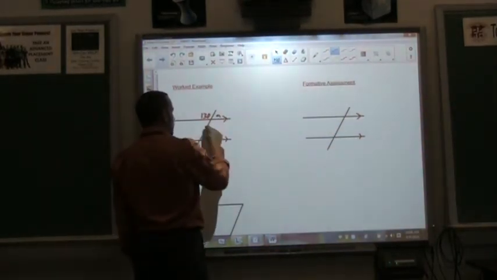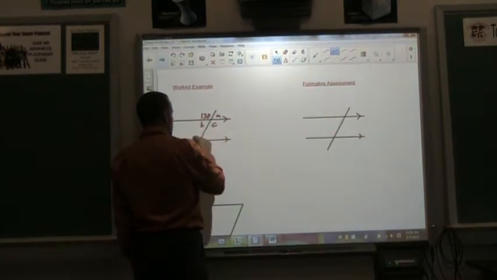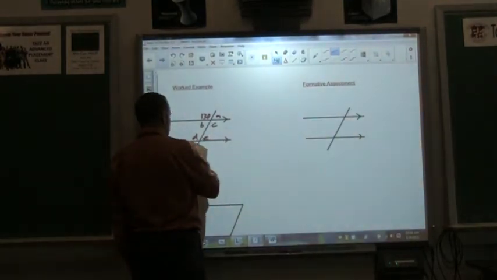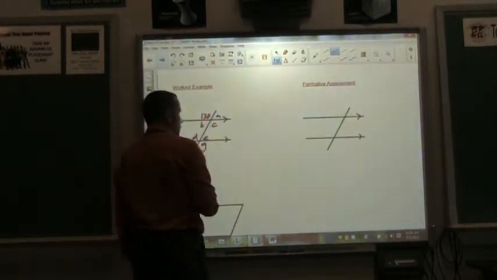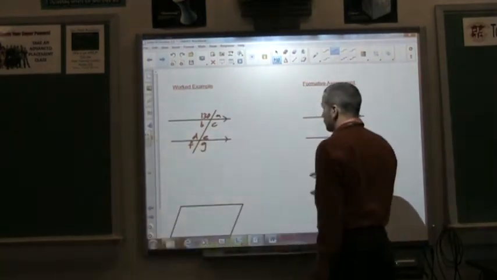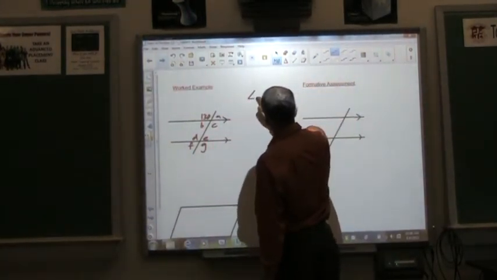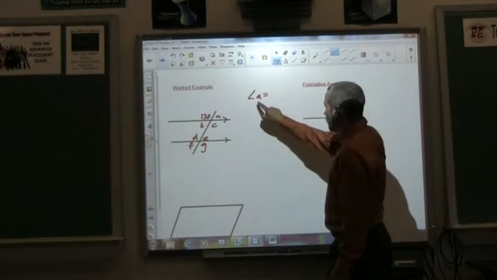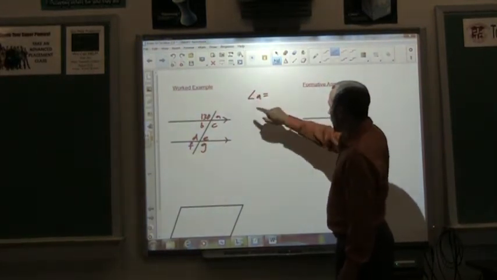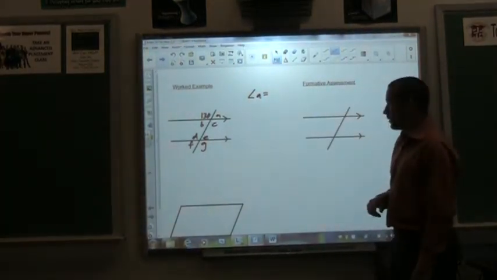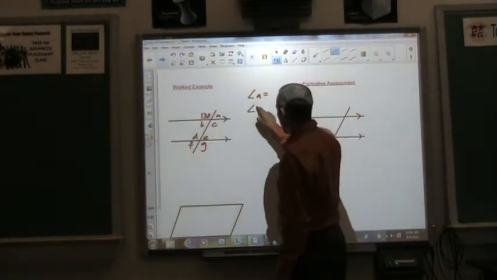So A, B, C, D, E, F, G. Let's fill those all in. Okay, and now we'll say angle A equals, and then we'll just fill out the rest of this.